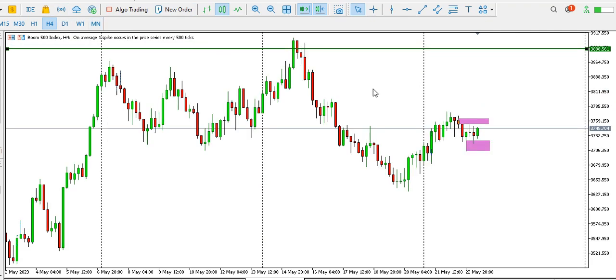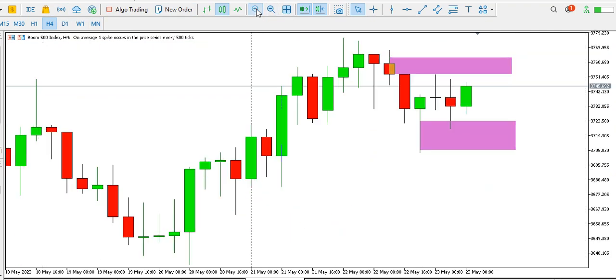Okay, let's look at the 4 hour time frame. What do we have on the 4 hour time frame? Zooming in, we can see the price is ranging. We might want to wait for the range to break up before making a decision. But on the 4 hour time frame, we have this ascending trend line that price is currently respecting.